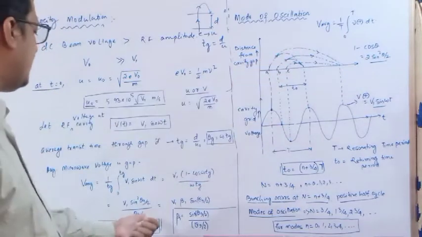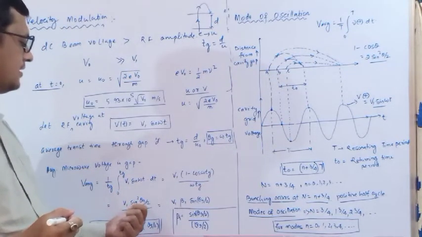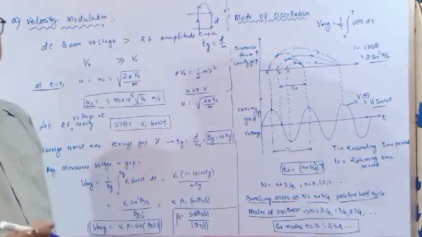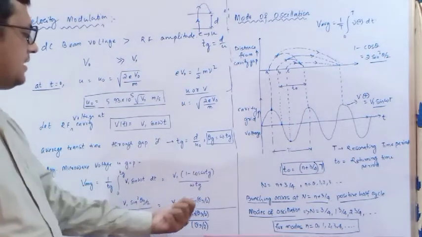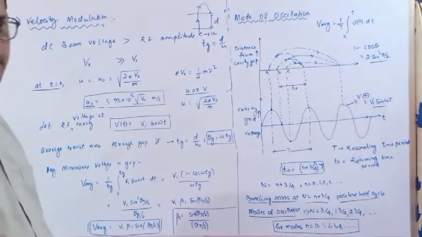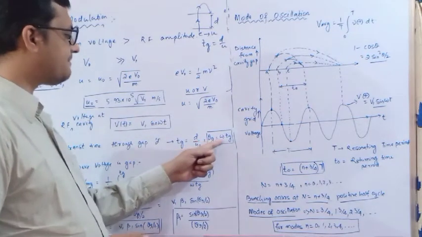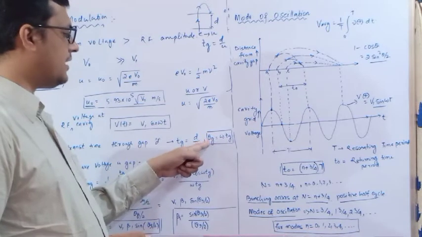Same thing I have written here. So it is V1 sin square theta g by 2 divided by theta g by 2. Now why have I written theta g by 2? Here it is omega tg, but here I have written theta g by 2, because omega tg is equal to theta g.